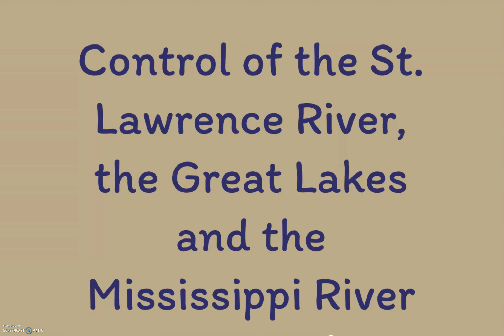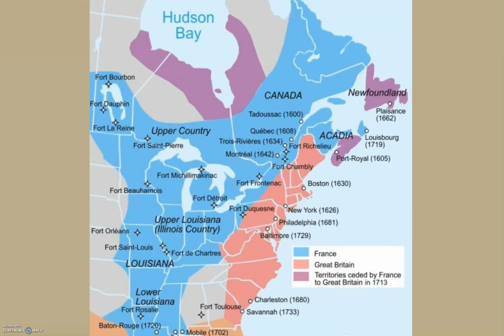There really was no need to leave France. There was land, there were jobs, there was really no religious persecution. So there was not a whole settlement that really took hold like you're going to see with Britain. And so you can see there in the blue areas where the French start to create their empire. But again, kind of weak because there's not enough settlement there.